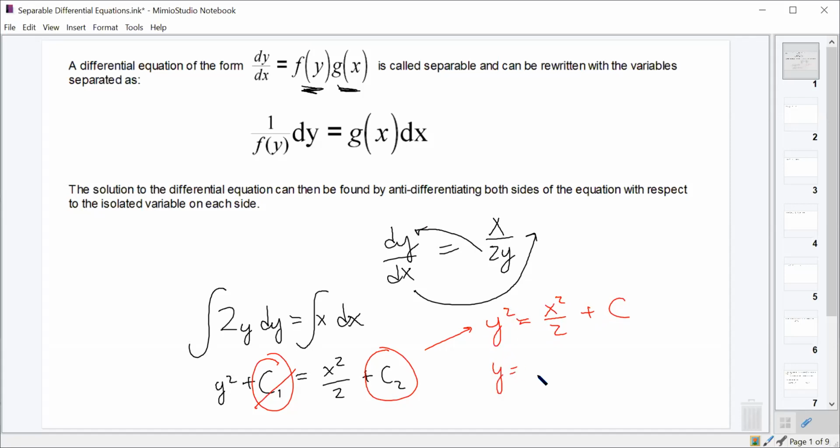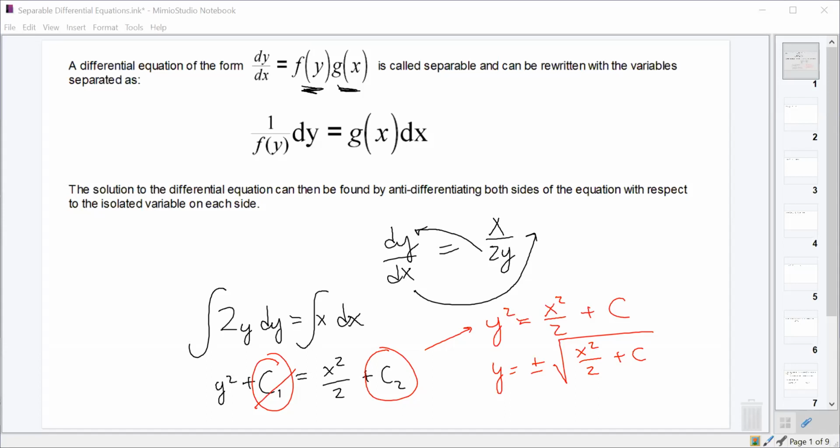We'd get y equals positive or negative the square root of x squared over 2 plus some constant. Everybody agree with that? Yeah. Okay, cool. So let's see what happens when we pick a constant. Anybody got a constant they want to try out there?